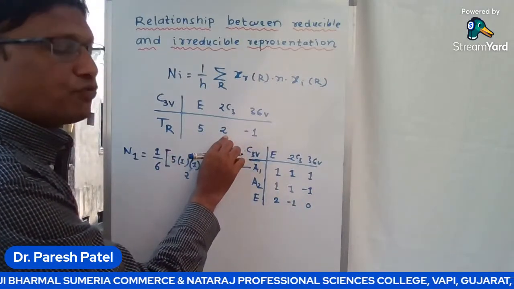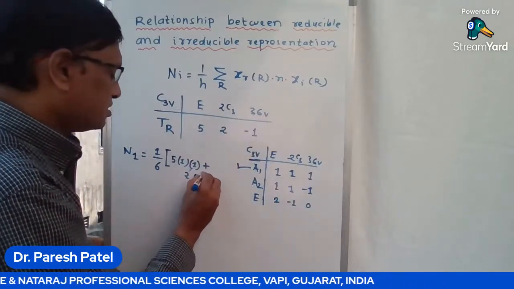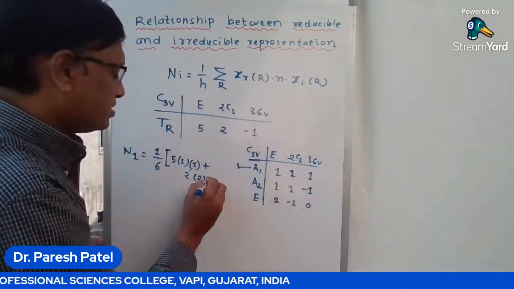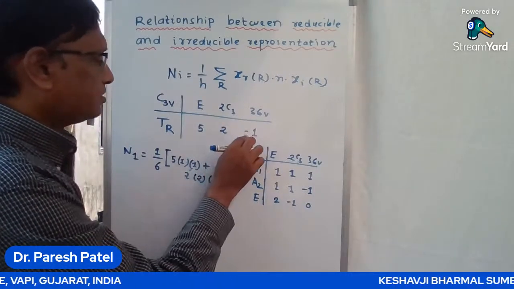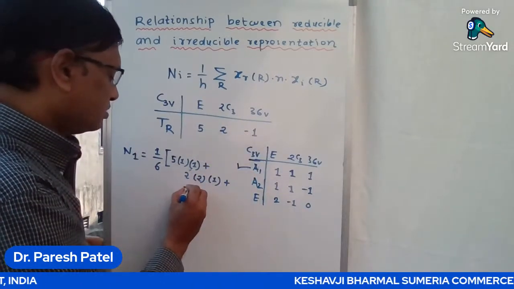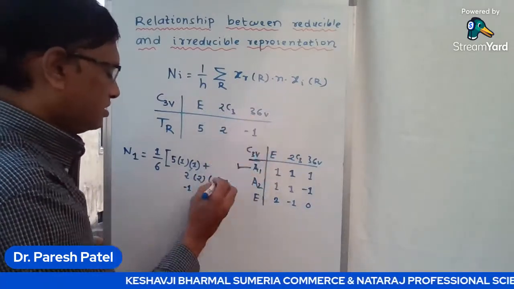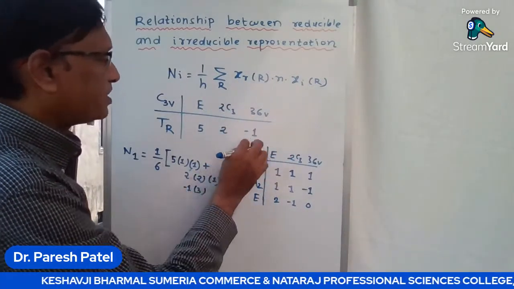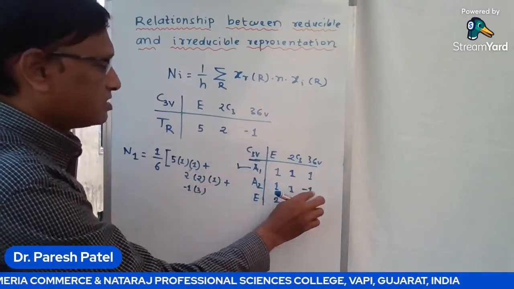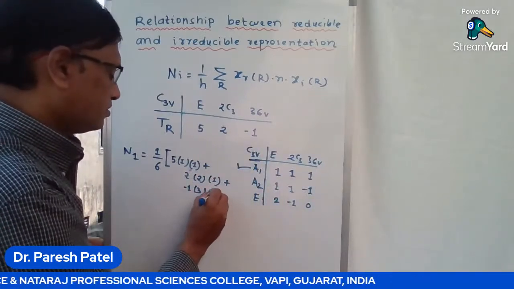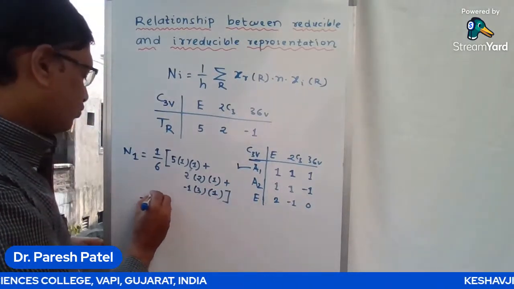This is the character for the reducible representation, this is the number of that symmetry operation, and 1 is the character for the irreducible representation. Again minus 1, this is the reducible representation character, and the number of that symmetry operation, and the character for the irreducible representation is equal to 1. This is equal to 1 by 6.